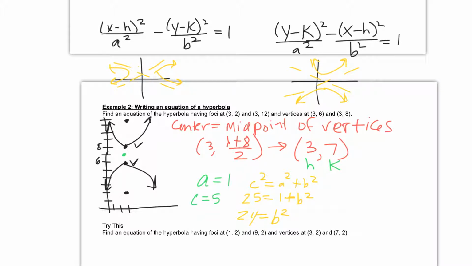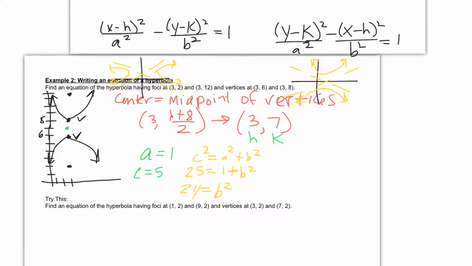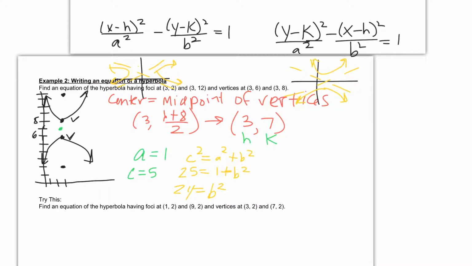So I'm going to write my final answer here. I have y minus the k value, which is 7, squared, over a squared. If I know a is 1, squaring that is also 1.